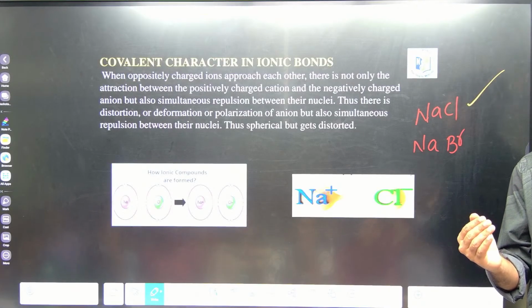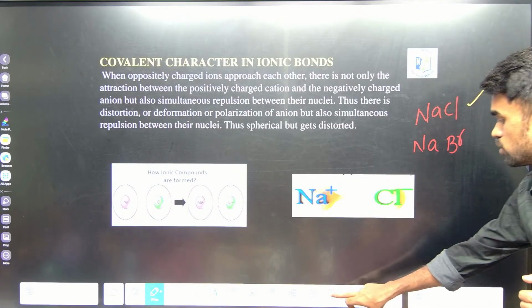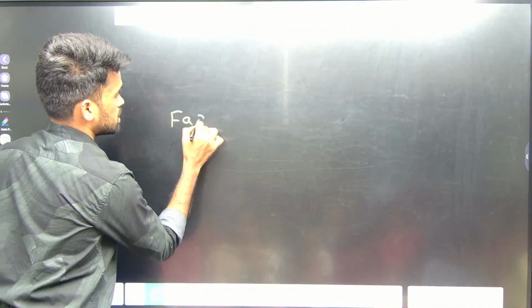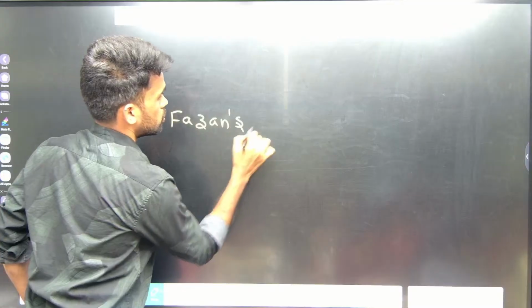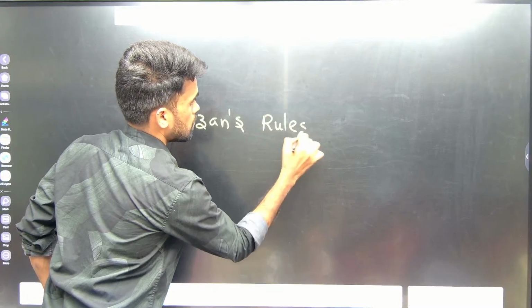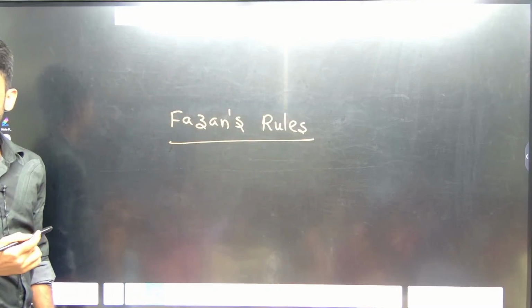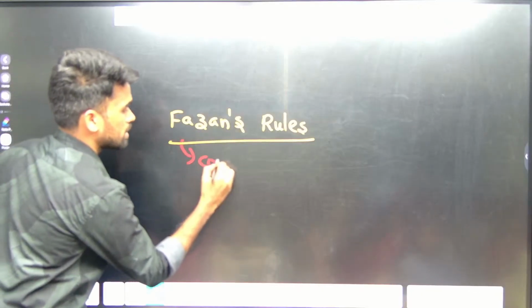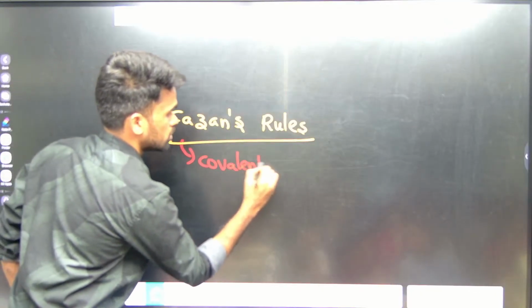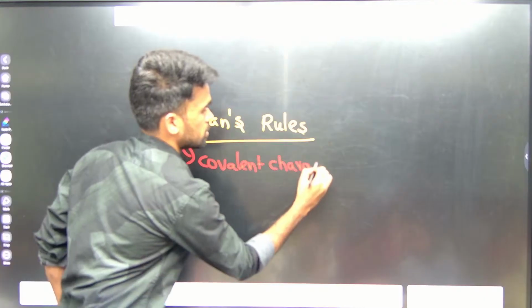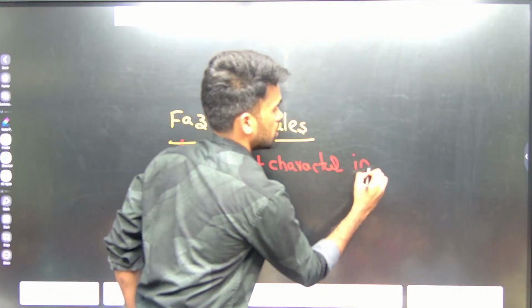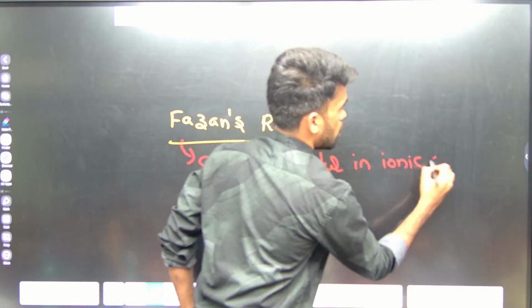What is the use of Fajan's rules? Tell me. What do Fajan's rules explain? Covalent character in ionic compounds.